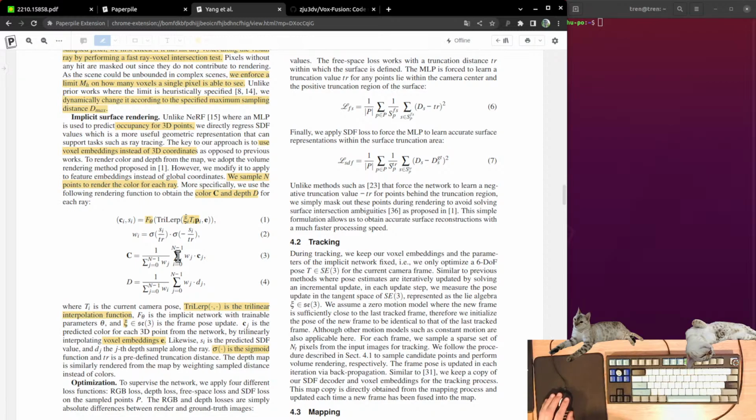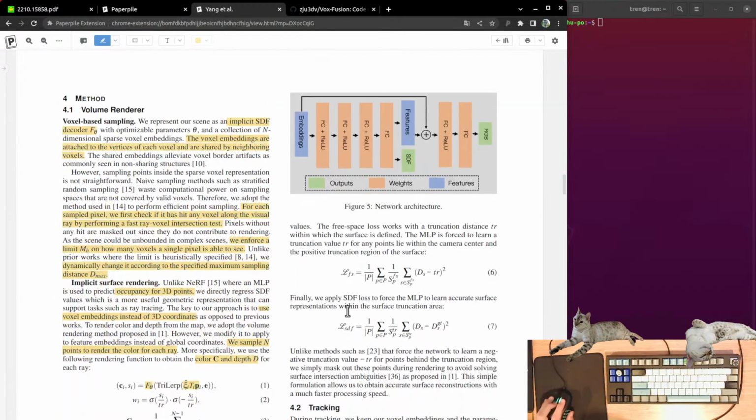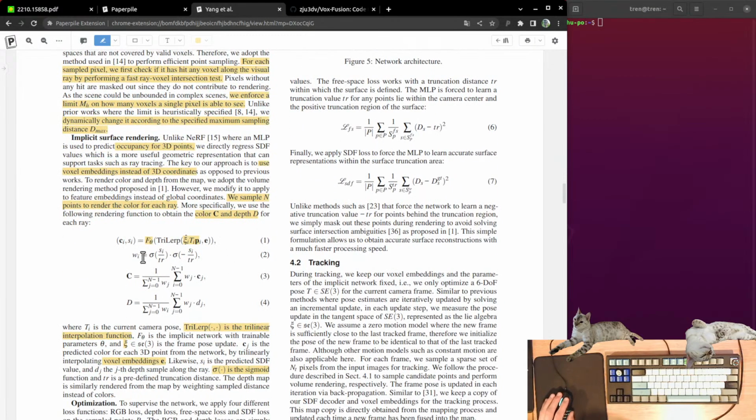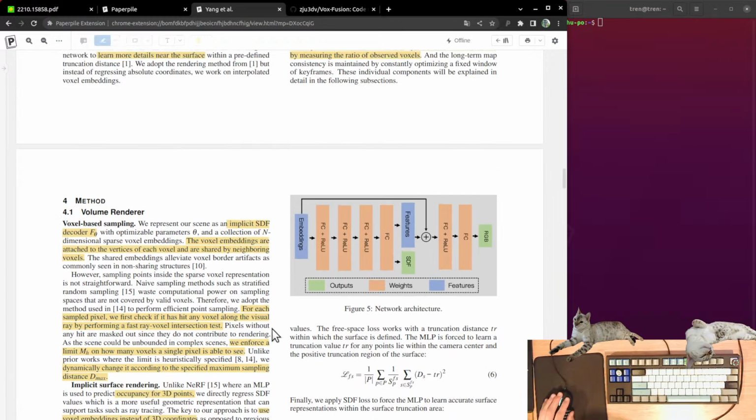So TR, SI over TR, negative SI over TR. And that gives you whatever WI is. What is WI? Oh, WI might be the weights.